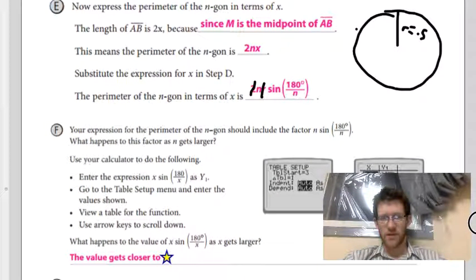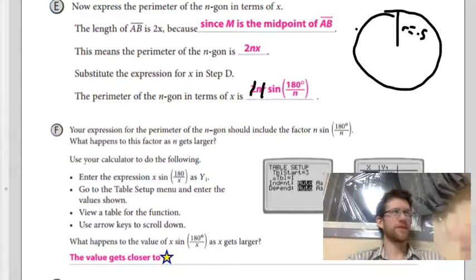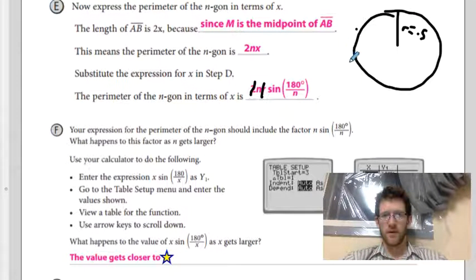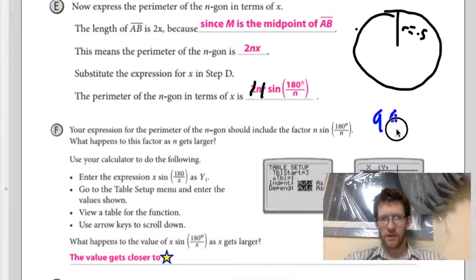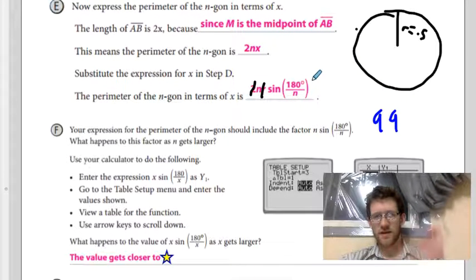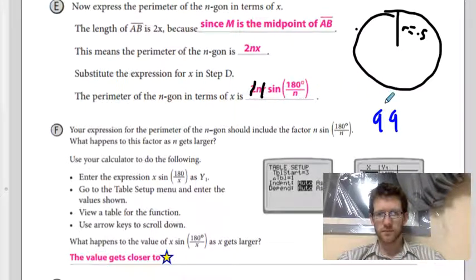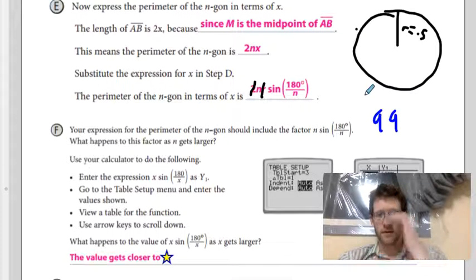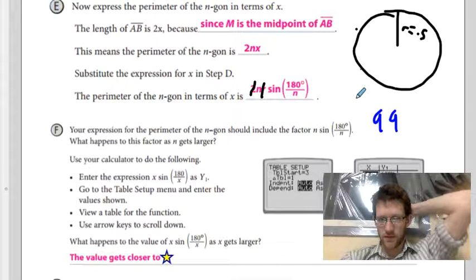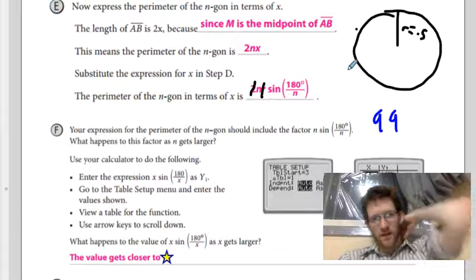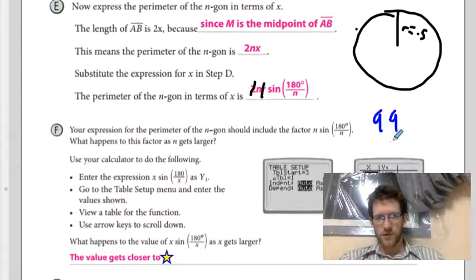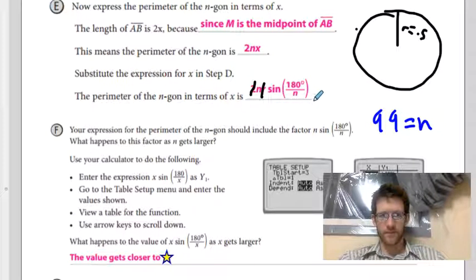And then, again, we just want to pick a really big value. How about, say, 99? Let's see if 99 will get us close. 99 is pretty big. It's not huge, right? You can do a couple million or a couple trillion, whatever you want. But the bigger the number, the closer you'll get. So for this case, I'll set this thing equal to n, and we'll plug n in here.